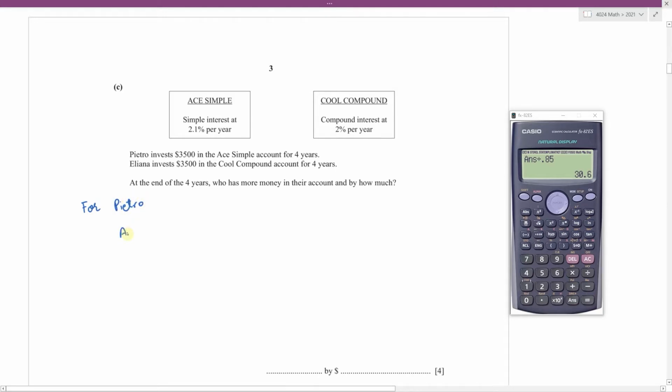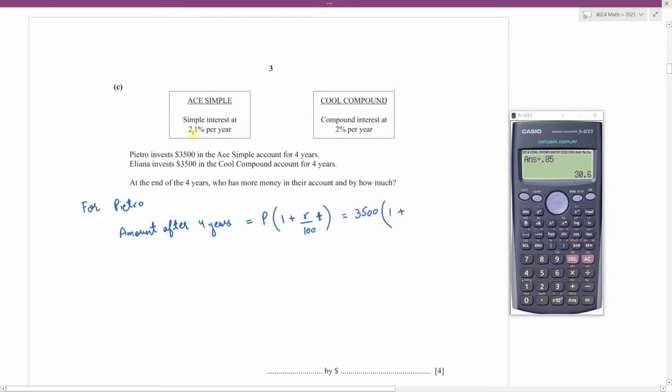So the amount after 4 years will be equal to, since this is simple interest, you know the formula: principal multiplied by 1 plus rate over 100 multiplied by time t in years. Your principal amount invested is 3,500.